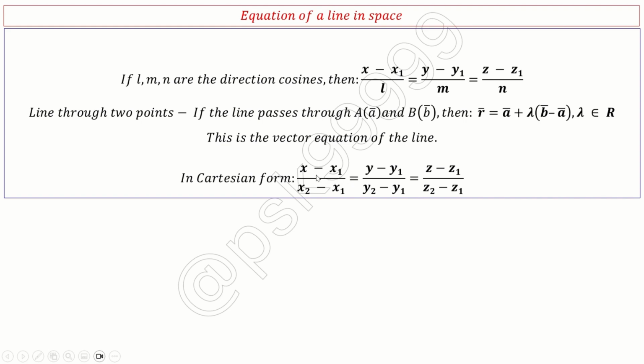So (x minus x1) divided by (x2 minus x1) equal to (y minus y1) divided by (y2 minus y1) equal to (z minus z1) divided by (z2 minus z1). This is the Cartesian form of the line equation, given that the line is passing through two points.